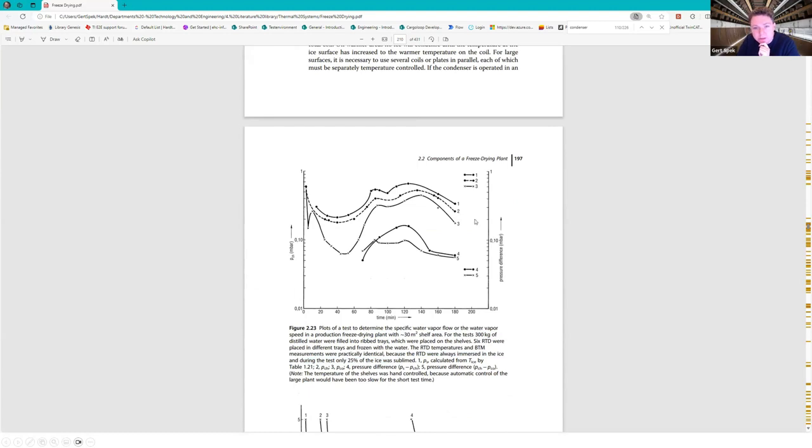And here you can see that the pressure difference between the condenser and the chamber is somewhere below 0.1 millibar. So you can expect that at 1 millibar, your pressure would need to go up to, let's say, 1.1 millibar to allow for sufficient vapor flow. But probably this can be offset more efficiently by going down a little bit.